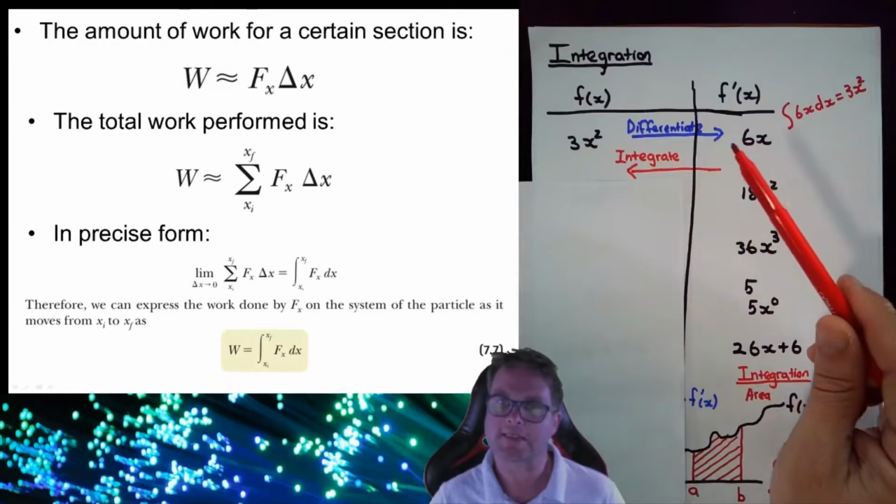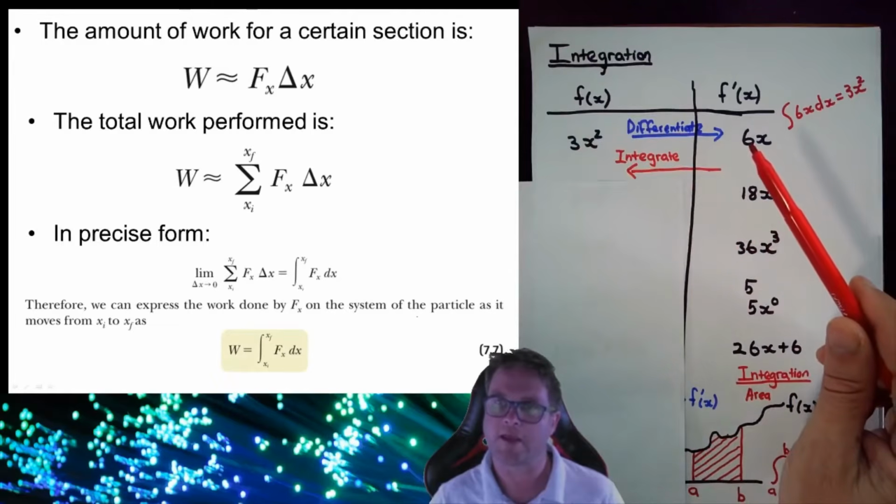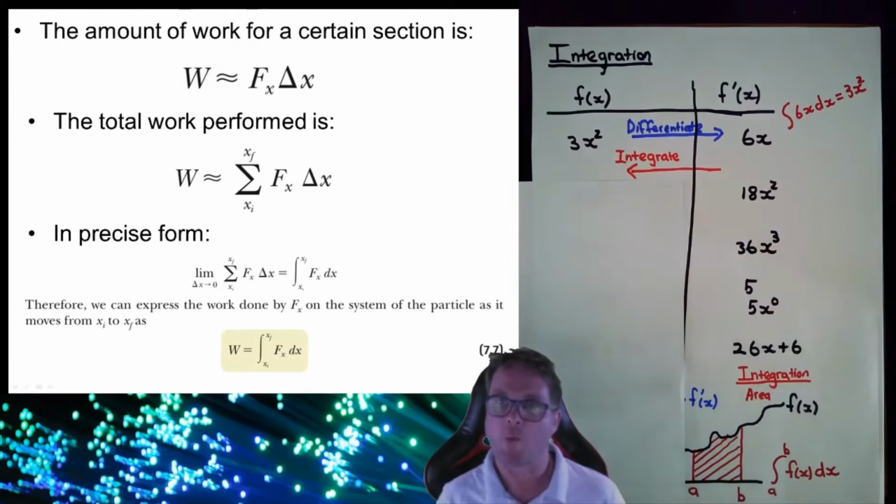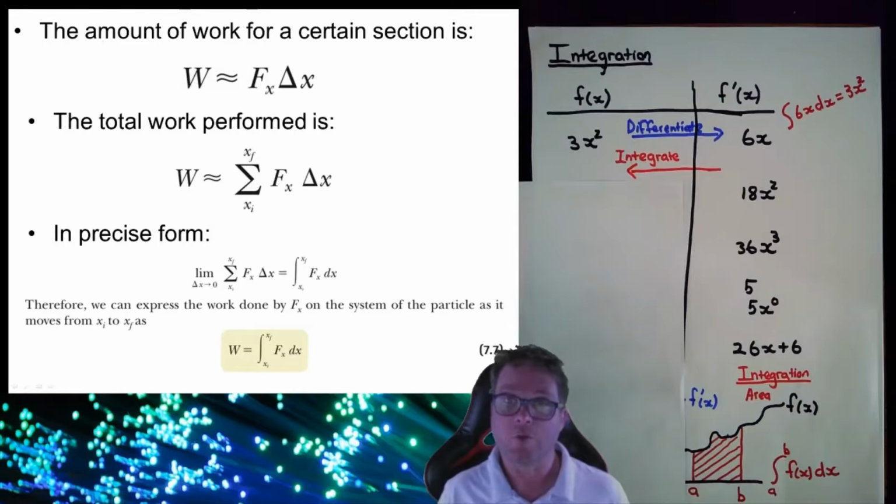It gives us 6, and then we decrease the power by 1. But when we speak about integration, we're speaking about how do you go backwards. If you're already given a derivative, how do you go backwards and determine what the function is?